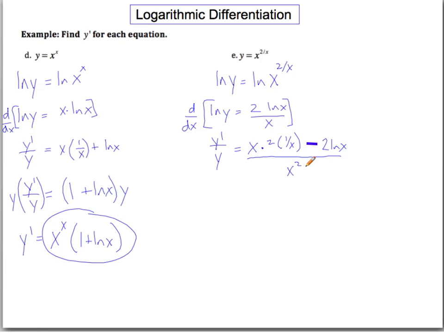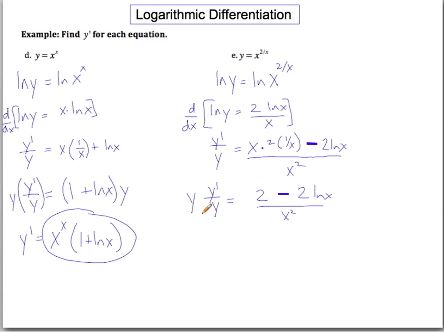So all divided by x squared. Okay, and let's simplify this a bit here. So we have y prime over y equals, well, x times 2 times 1 over x is just going to be 2 minus 2 ln x over x squared. Okay, so that's pretty good for now.